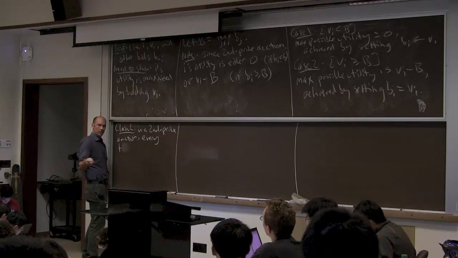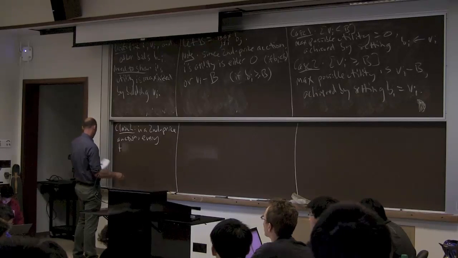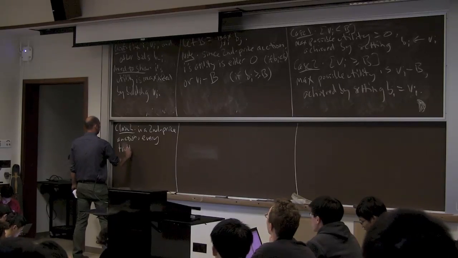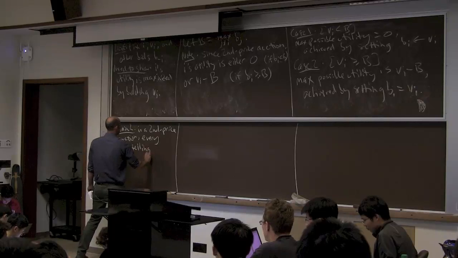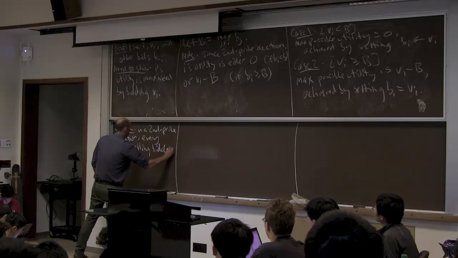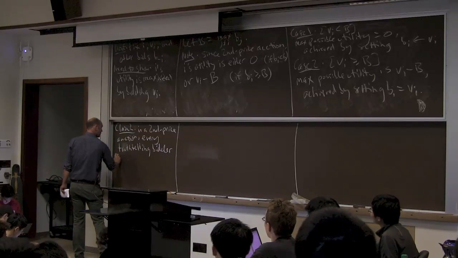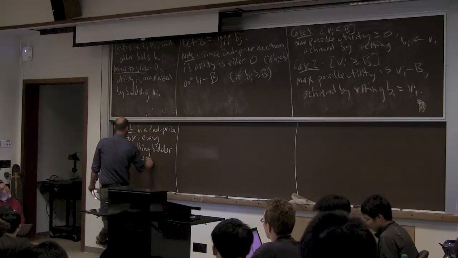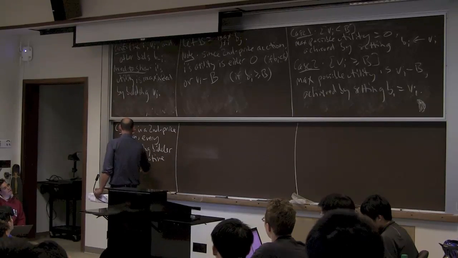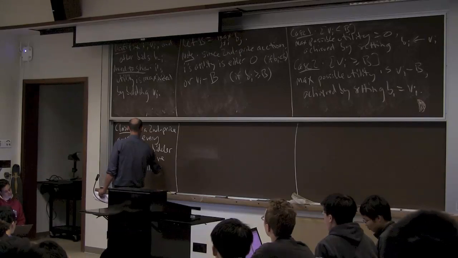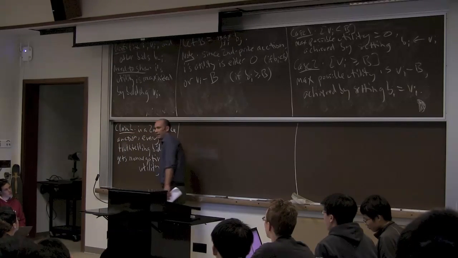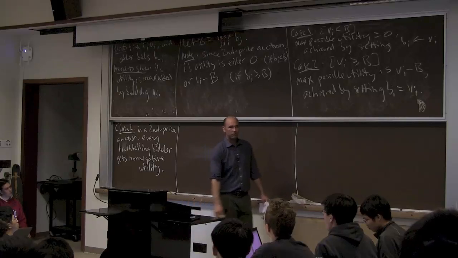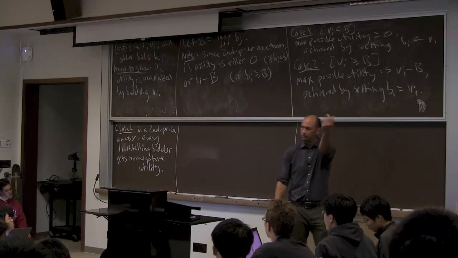That just means you set your bid equal to your value, as in this dominant strategy. Every truth-telling bidder gets non-negative utility. Obviously, it might be 0. In particular, if you lose, it's going to be 0. But it's never going to be negative if you bid your true value. Do you see why that's true?